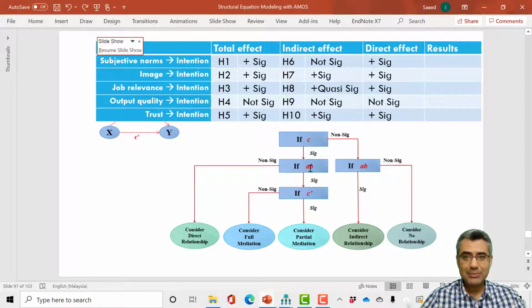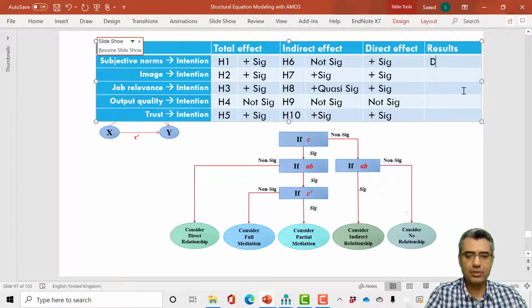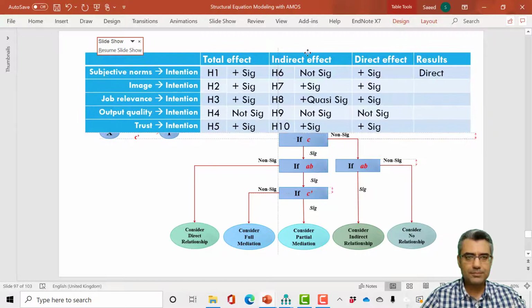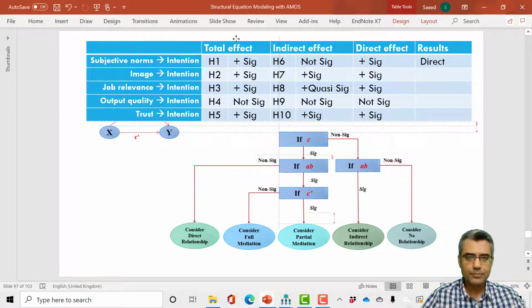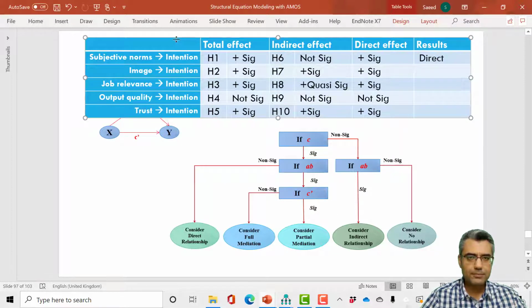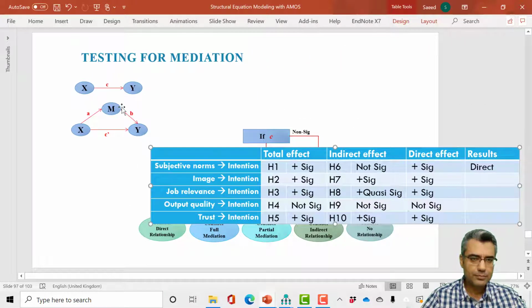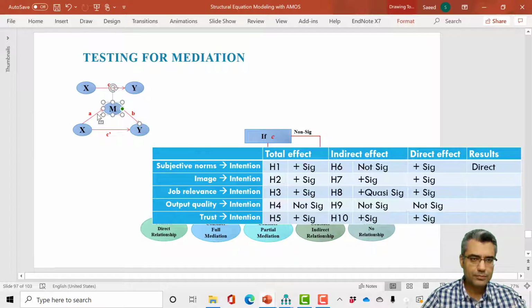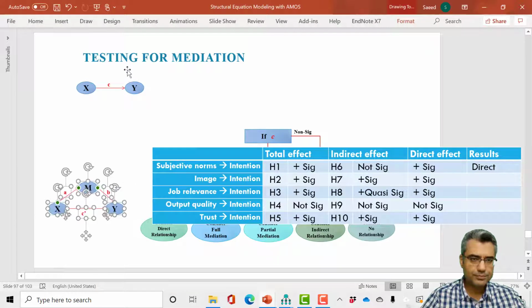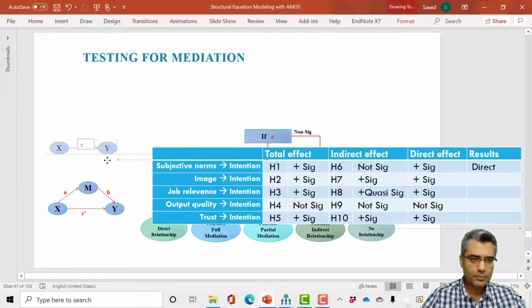We go down, AB indirect is not significant. Okay, so it's a direct relationship. Hold on. Okay.